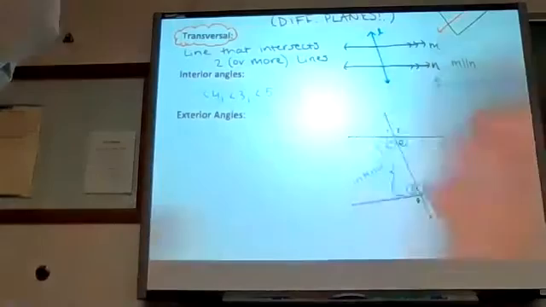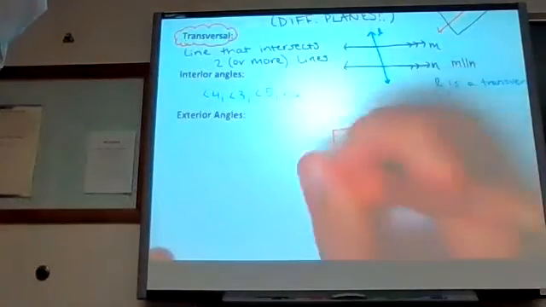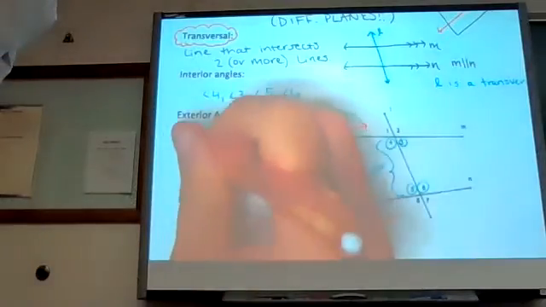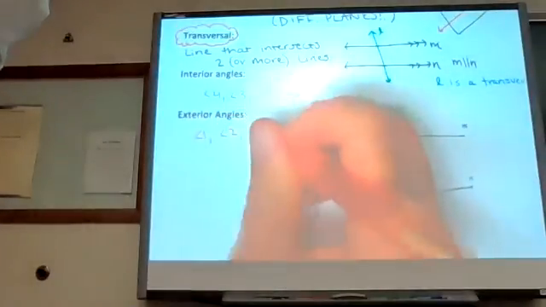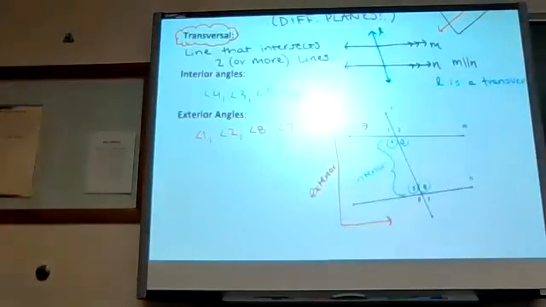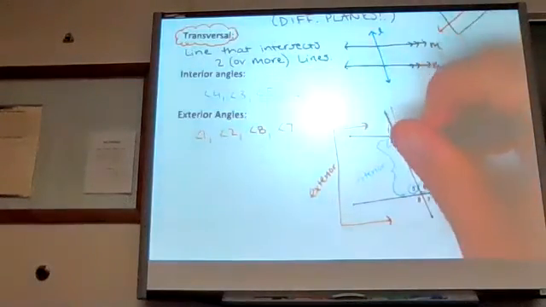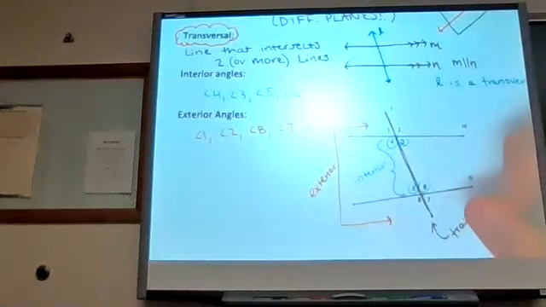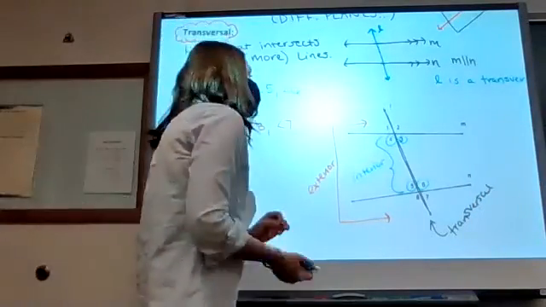And then I also have exterior angles, which would be 1, 2, 8, and 7. And then we should also note this line here. This is the transversal in this case. And sometimes there's more than one transversal. Anytime a line hits more than one line, it's a transversal.